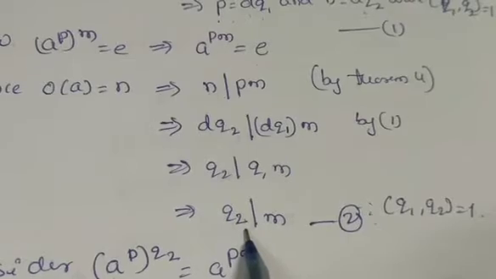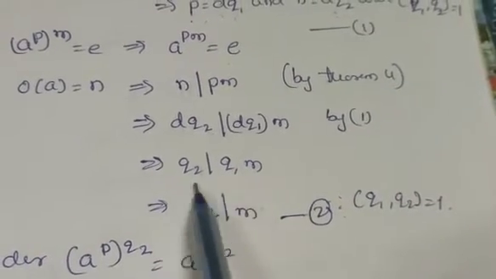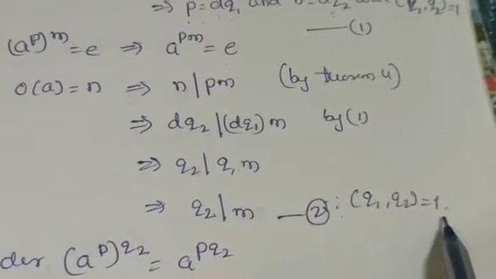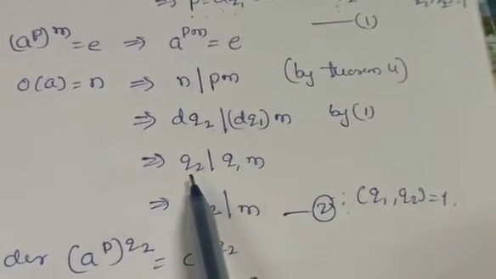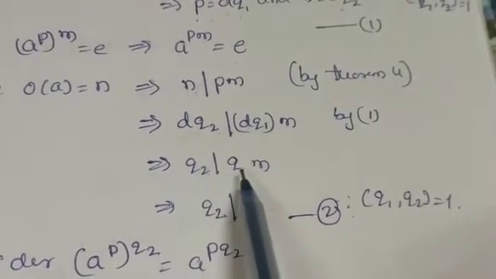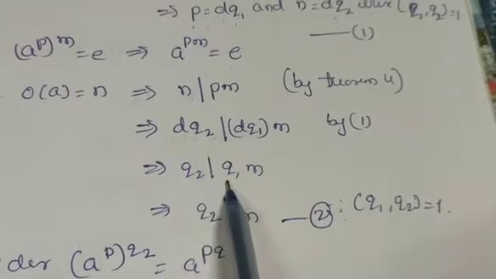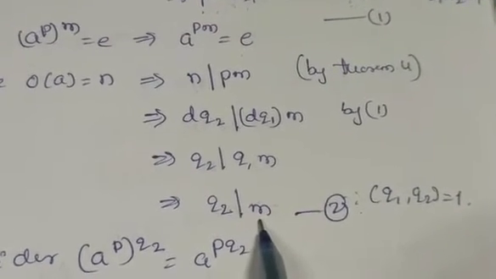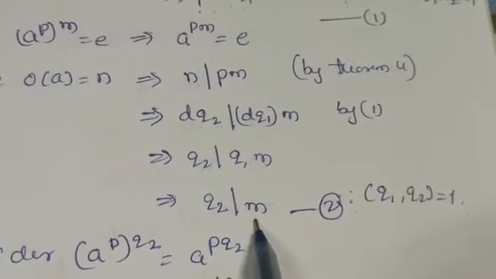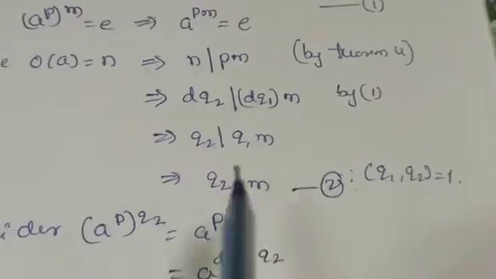This implies q2 divides m, because GCD of q1 and q2 is equals to 1. So we know here if the GCD is equals to 1, this implies q2 divides q1 and q2 divides m. Since GCD of these two is equals to 1, we can take this one as q2 divides m. This is again the property of divisors, studied in our previous classes.